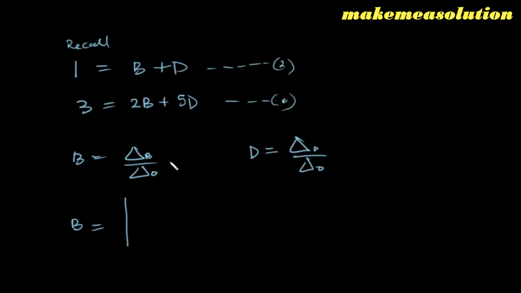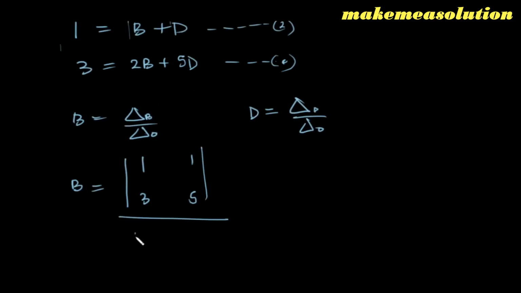It's a determinant that comprises of, instead of putting the coefficients of b, which is 1 and 2 here, you're going to skip this coefficient of b and replace it with 1 and 3. And you leave d the way it is. d is 1 and 5. Then that is your delta b. Then to get delta naught is all these coefficients here. Okay, so this is from Cramer's rule. So you have 1, 2, 1, 5. So this will give me the value for b.